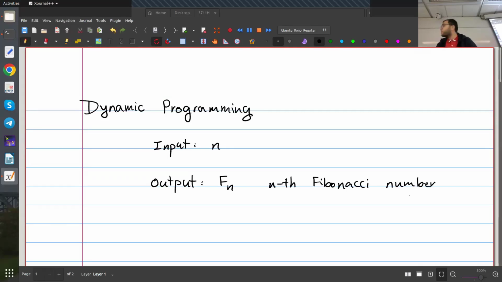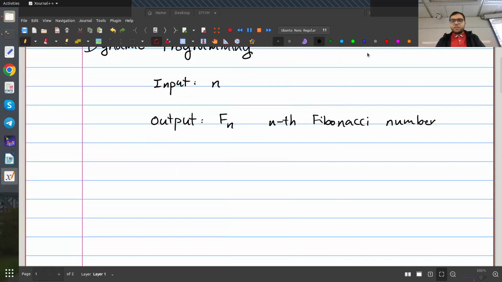Now, this number can get quite big. So let's say I want only the last 5 digits of it. So fn modulo 10 to the power of 5. Okay? So that I don't have to think about the size of my numbers. Now, we saw that the simplest algorithm for this is to just do recursion.